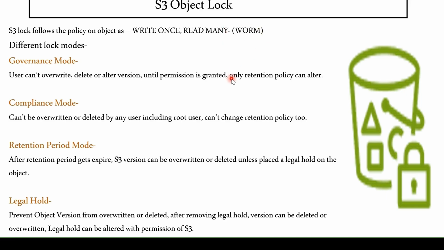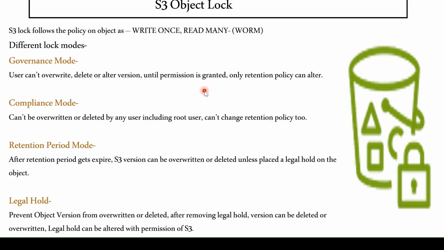So the objects in S3 can be locked, and there are different lock modes which can be applied on S3 objects. The first one is governance mode. In governance mode, a user can't overwrite, delete, or alter any version until and unless permission is granted to do so.